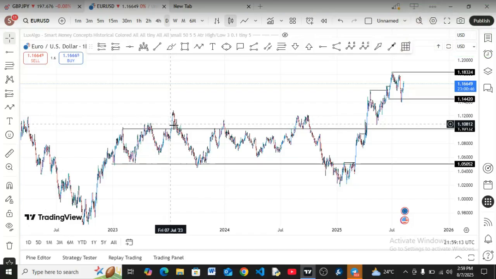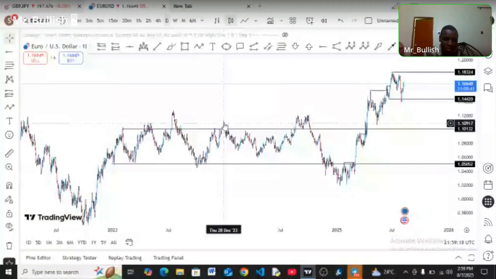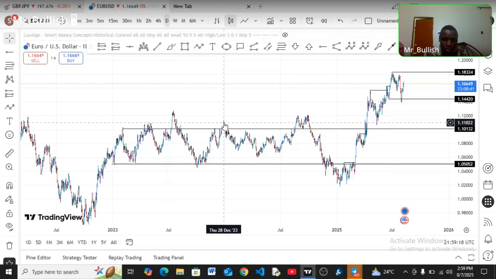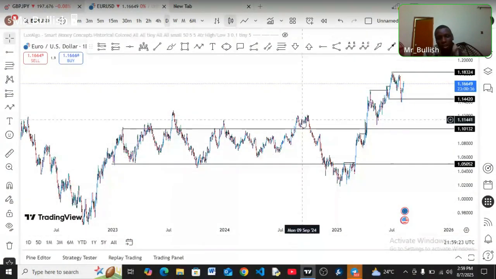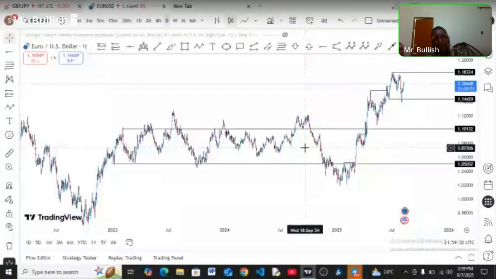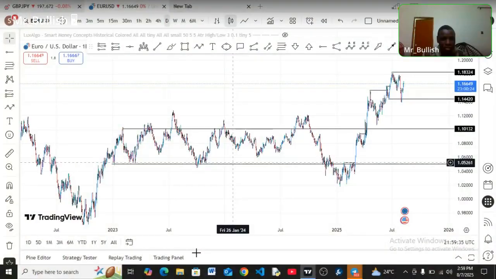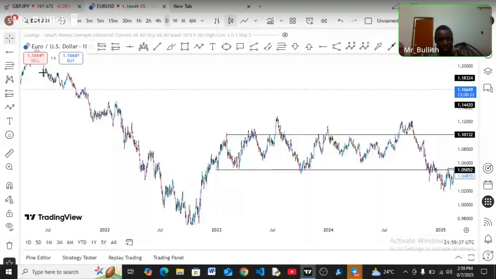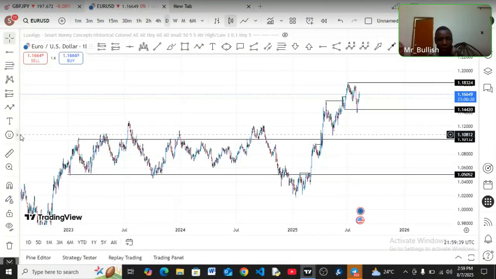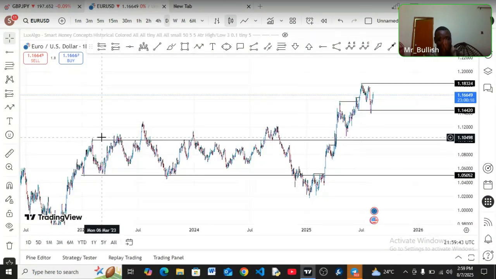Then it came down, retested this level again, came up, had a rejection, then came out again a little, then boom, did this, and now we are heading upward. So that's it. This is a range market. This is a bullish market known as a trending market. This one is a downtrend. So you go on your own, map out the 3 types of market structure.